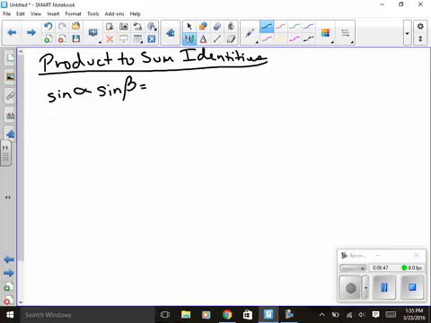So it's a product, and then it goes to a sum. Equals 1/2 cosine of alpha minus beta minus cosine alpha plus beta.